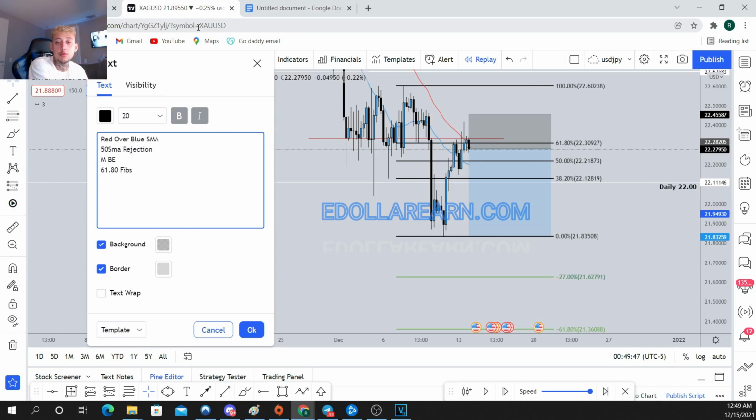Along with the 61.8 on fibs, we have a break and retest. Now we have about five confirmations, all within this same 4-hour time frame, meaning that it is a type A setup. It is a high probability setup, right?